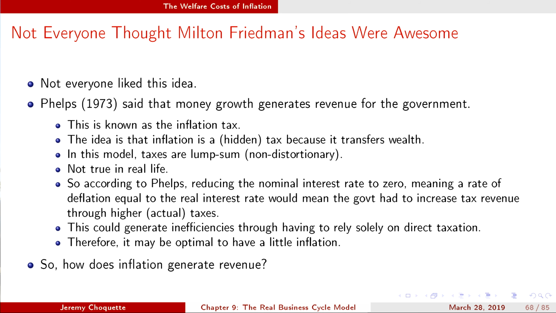The government can tax, but if they can only tax and can't inflate, there could be a problem. So it could actually be a good idea to have a little bit of inflation to change the way the government can collect money, so to speak.